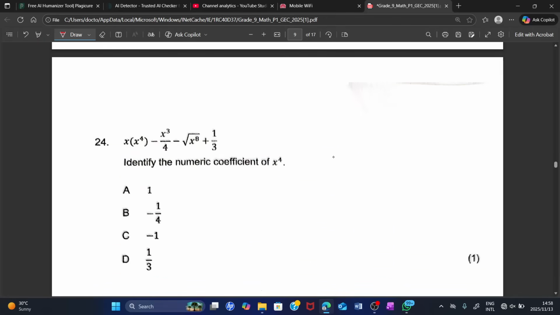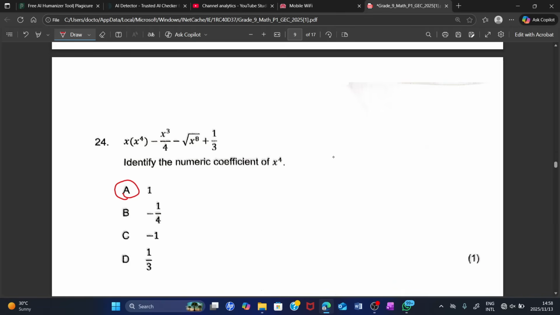Identify the numerical coefficient of x to the power of 4. Numerical coefficient of that. So the answer is 1.